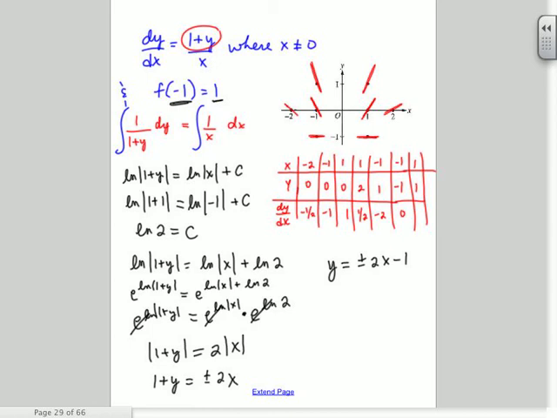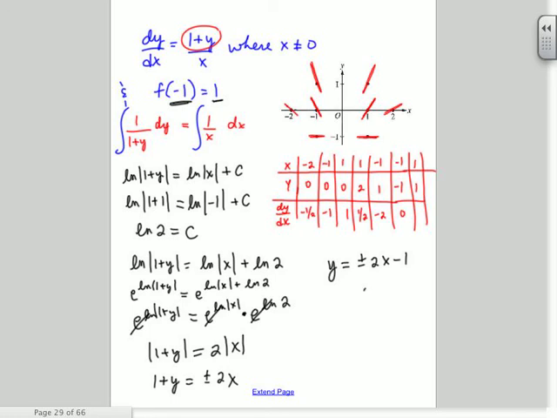Okay, but on these initial value problems, you should not have plus or minus. So think about that. How can I decide if it's plus or if it's minus? Plug in your initial value.